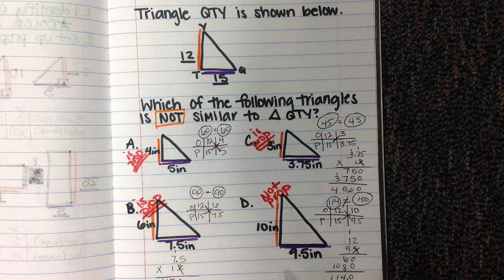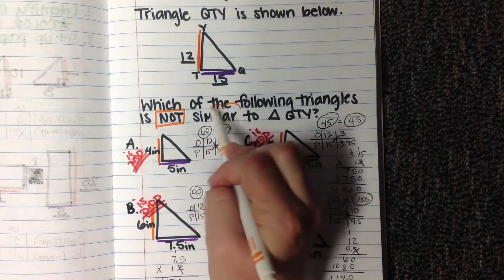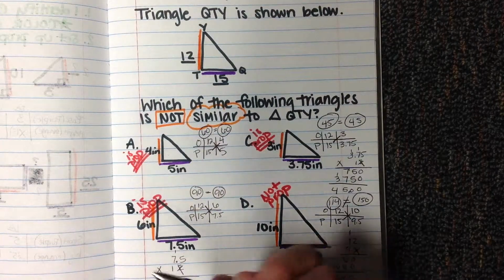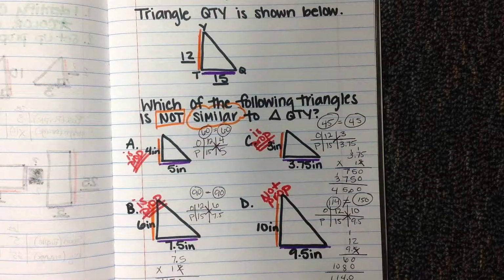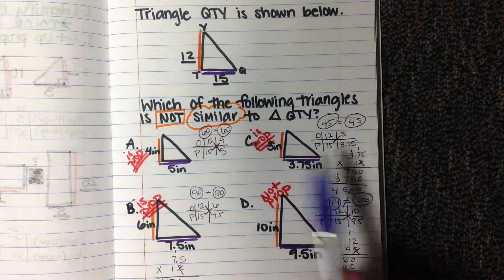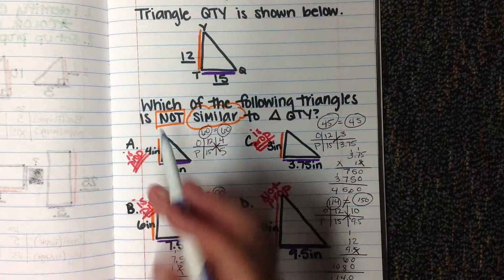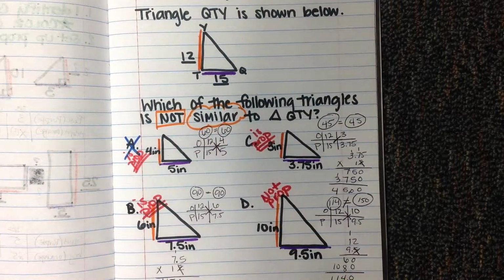So the question doesn't ask me which one is proportional, it asks me which one is similar. But we know from our attributes of similarity that for 2 triangles to be similar, their sides have to be proportional. Corresponding sides have to be proportional. Because A is proportional, that cannot be my answer.